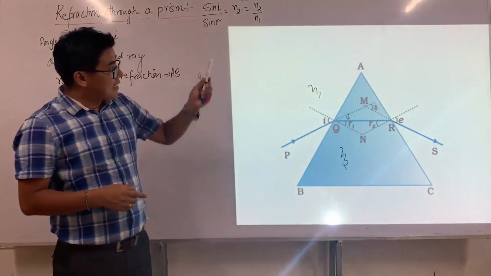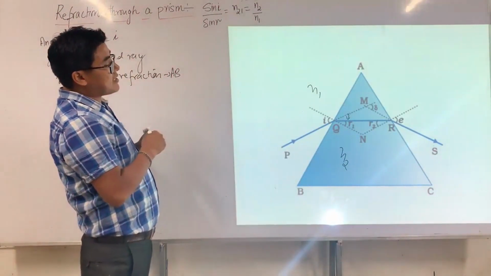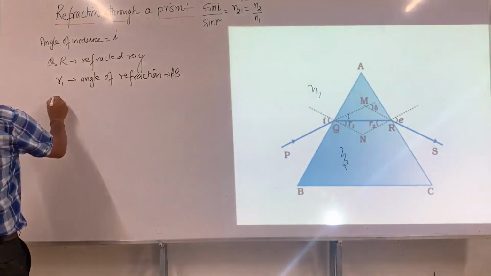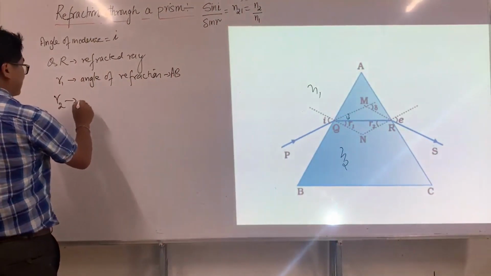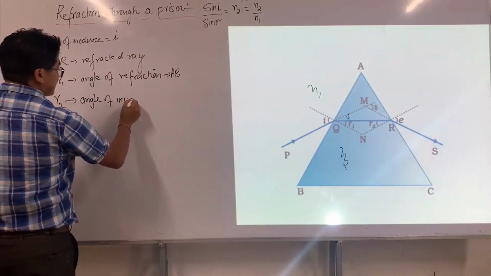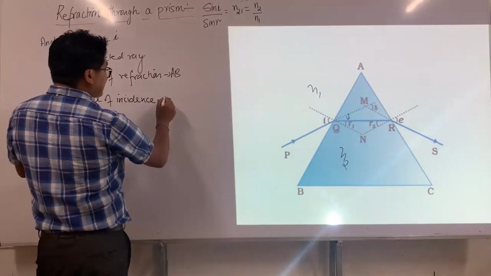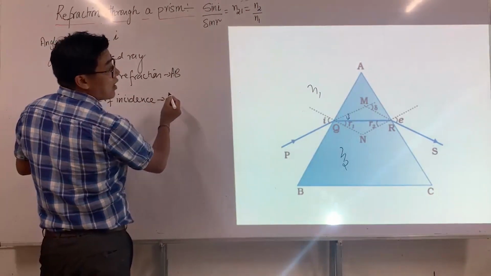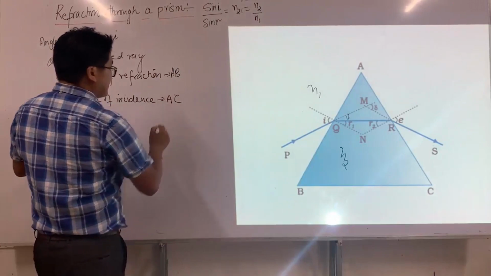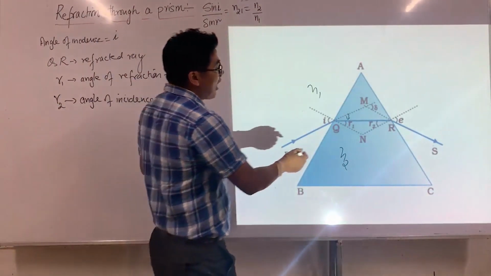QR is incident on the second surface, that is AC, and the angle of incidence is going to be r2. So I just say r2 is the angle of incidence for surface AC.